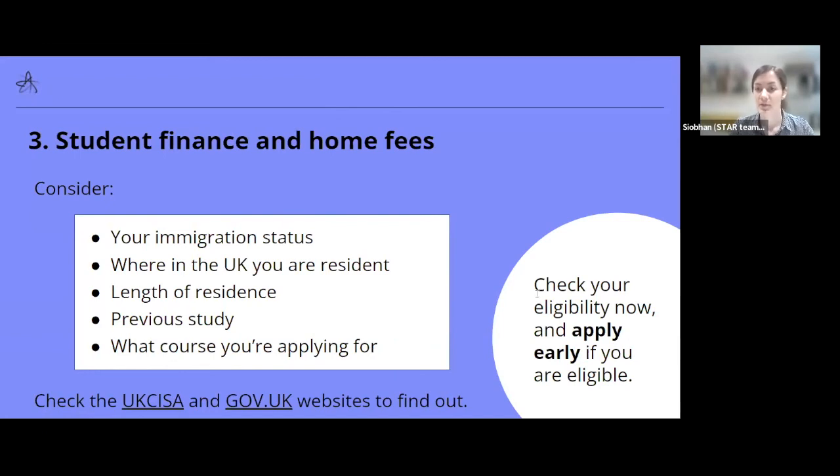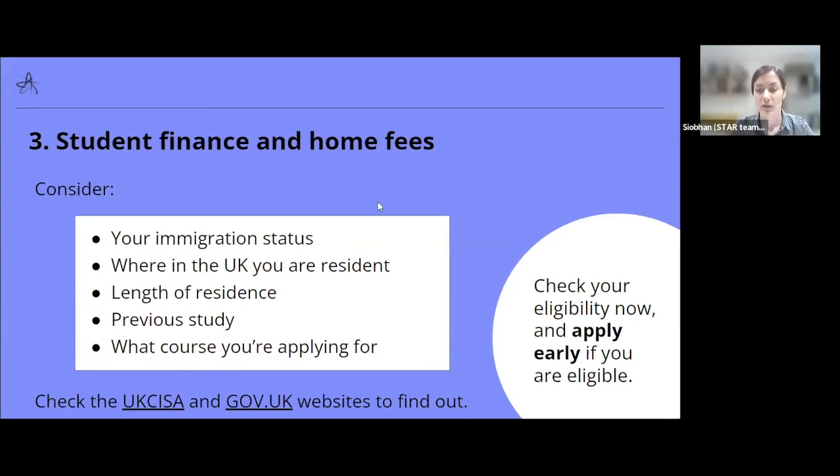So as it says here, check your eligibility now. And also a good tip is to apply early if you are eligible, because sometimes it can take a little while to go through the process and share all of the information you need to get a student loan. So check the UCAS and gov.uk websites in the applicant pack to find out more.